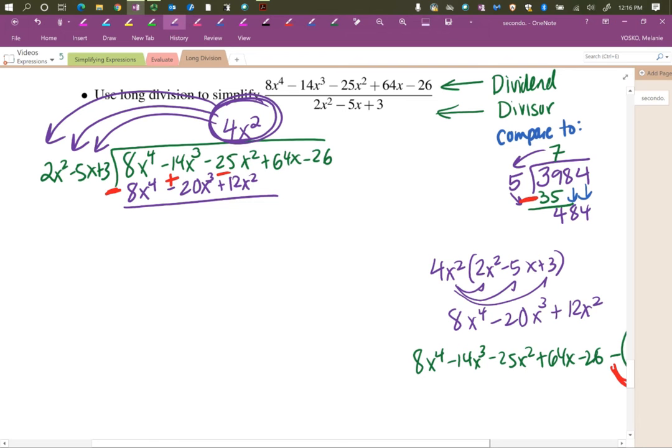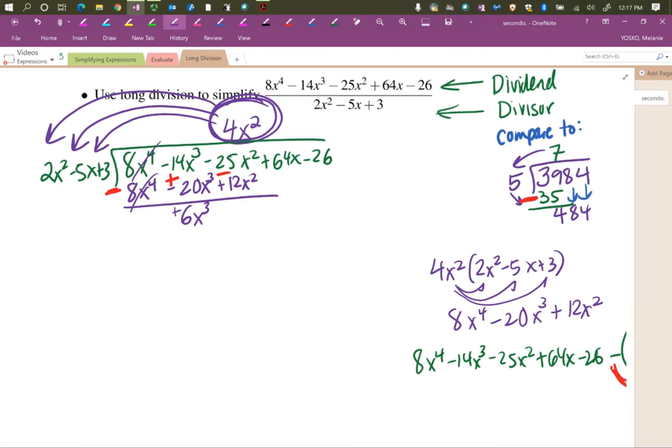Then 8x to the fourth minus 8x to the fourth, those cancel. And then we have negative 14x cubed plus 20x cubed. Signs are different, so we subtract. 20 minus 14 is 6, x cubed, and we keep the sign of the bigger one, so a plus. And then we have negative 25x squared and negative 12x squared.